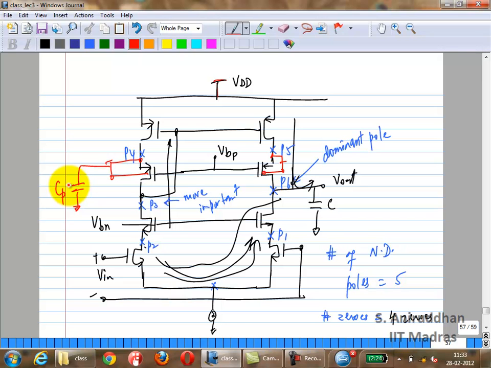Right? So you're actually changing the pole position, making it more dominant. You're pulling it in. So in most cases, you don't want to do that. Remember, the well node in general has a lot of parasitics, whether it's NMOS or PMOS, so you don't want to connect it to a signal node because you'll be adding extra parasitic capacitance.